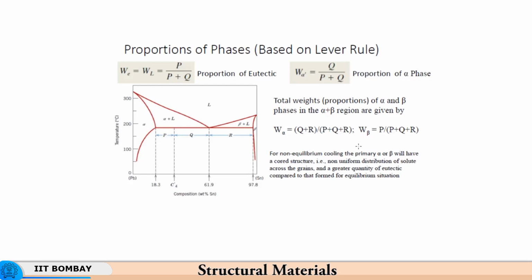So, you have a pro-eutectic alpha, and then here what you get is liquid getting transformed into alpha plus a eutectic. So, you have two things happening here at this solidus line. The solidus line is this and that.